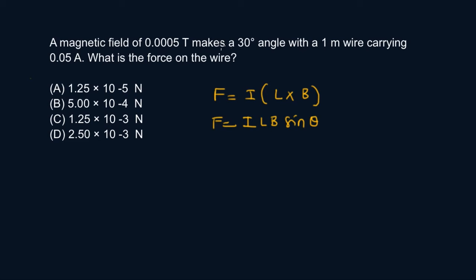So the field makes a 30-degree angle with the actual wire, so that's the length, 1 meter. Alright, so F is then equal.